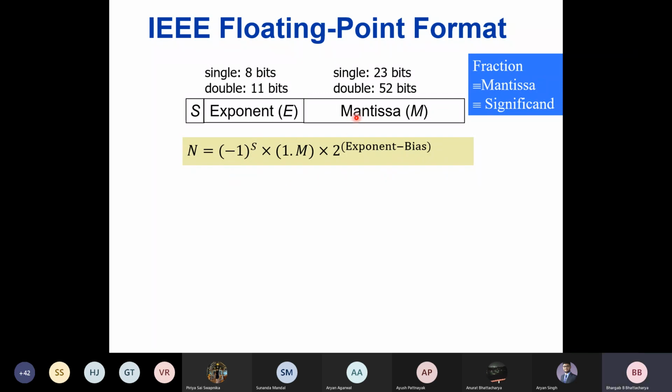And then you have this mantissa, a string of zeros and ones, so I do 1 point m. This 1 is not explicitly represented here. And times 2 to the power of the exponent minus bias. So we have a concept like bias here. This exponent is e, and bias we need to define, and then the number is represented as whatever is in the mantissa field.